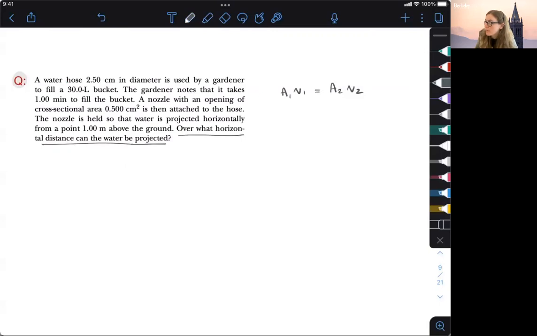The projectile motion part is a bit of a pain, but basically, if you find the vertical distance and use that to find time, and then use this to find your horizontal distance, we can relate those things. I will go ahead and pause and give you a chance to approach it.